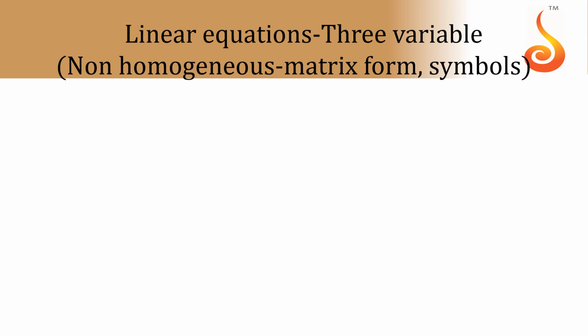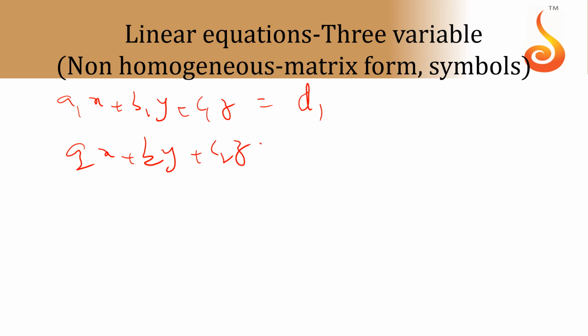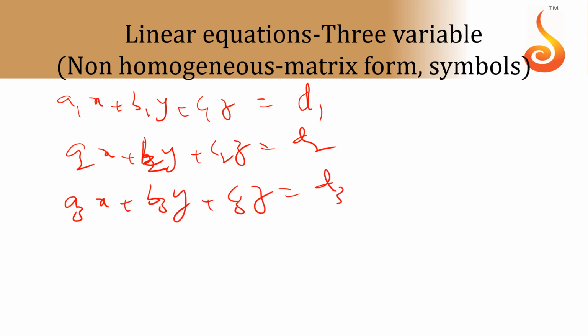So the same thing you can extend for 3 variables also. So what do you mean by extending for 3 variables? Let us take a1x plus b1y plus c1z equal to d1, a2x plus b2y plus c2z equal to d2, a3x plus b3y plus c3z equal to d3.